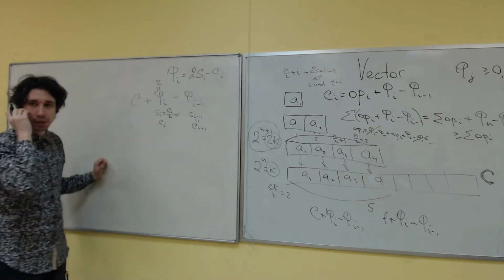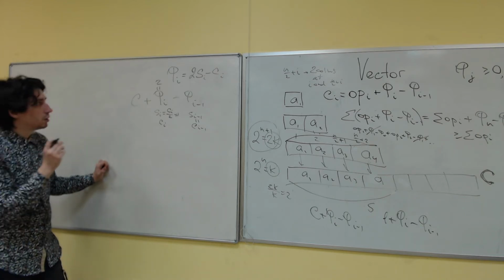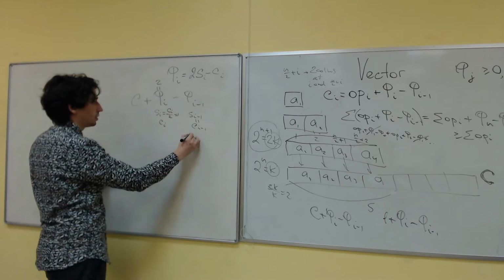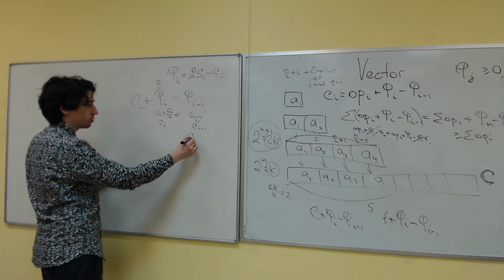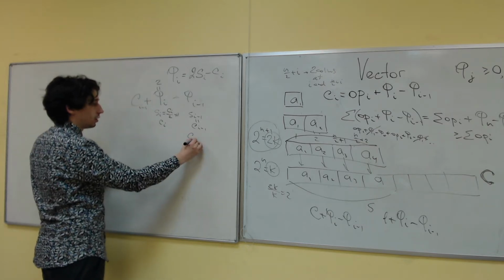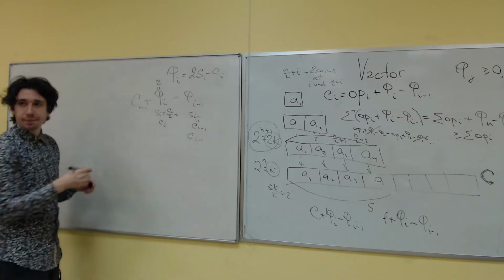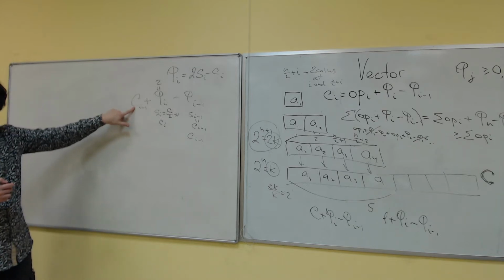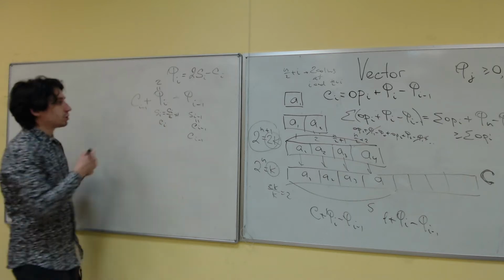Then the size is the capacity I minus 1. So you have Ci minus 1 here, you subtracted Ci minus 1 and you are left with 2. So this is equal to 2.